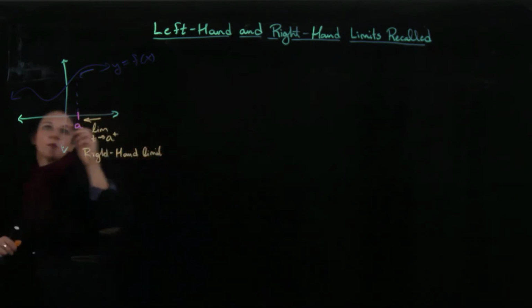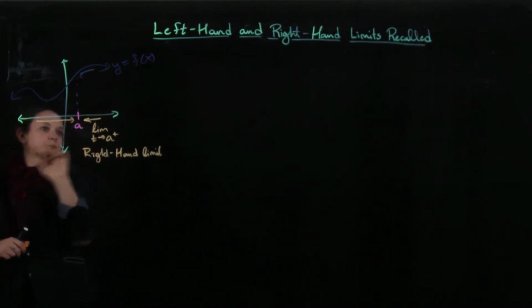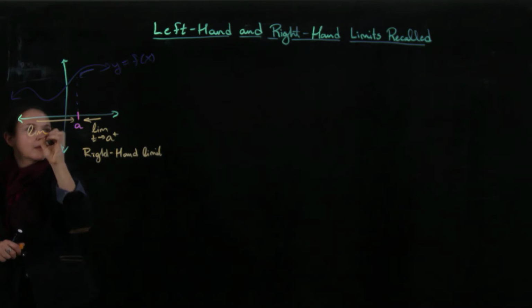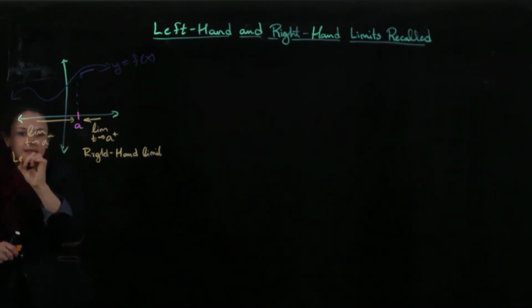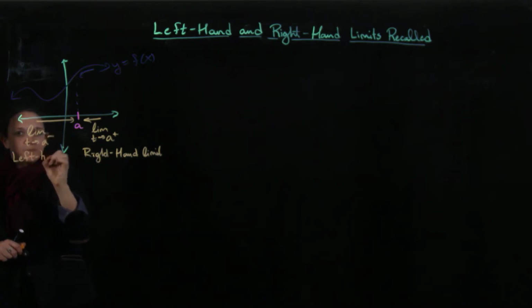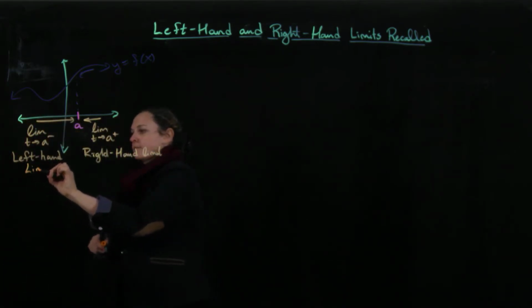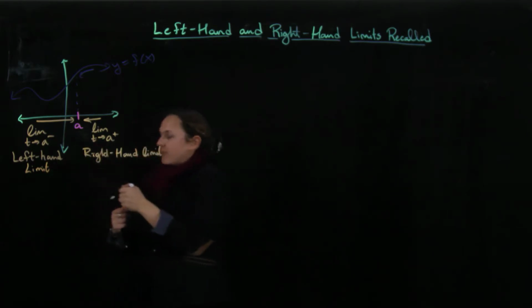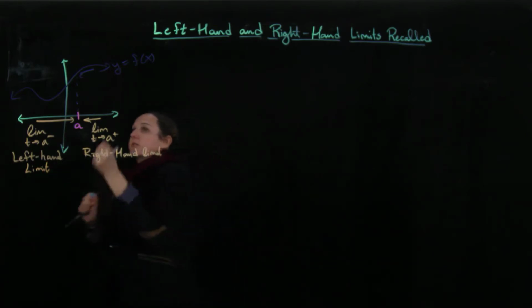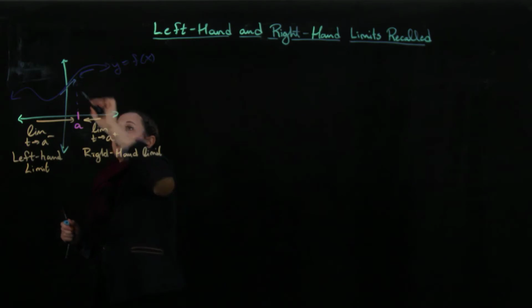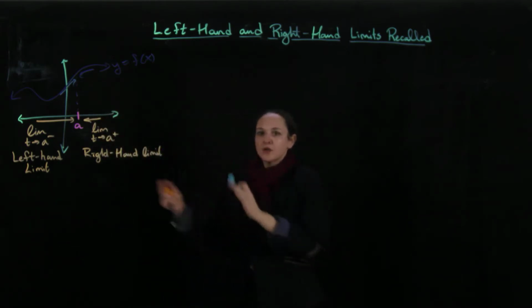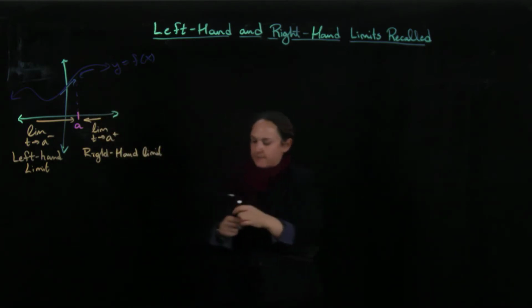And if I'm approaching from this side, this is the limit as t approaches from the minus side, so this is the left-hand limit. What we're actually looking at is the value that's approached like that. So what are some of the different things that could happen?